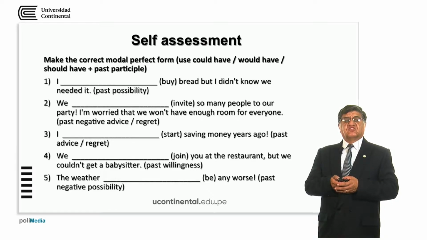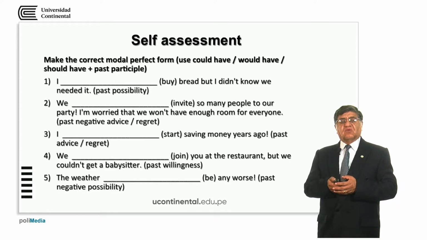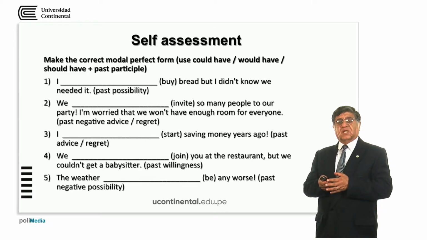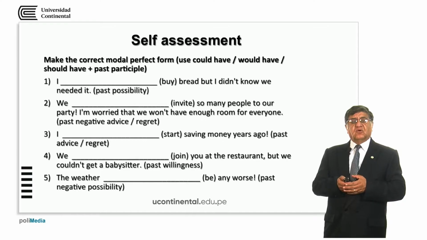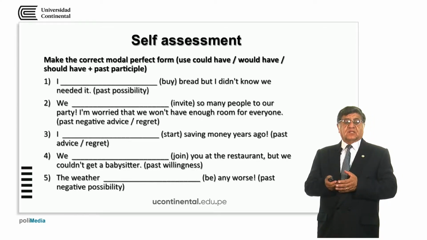In the next, we have join, and we need past willingness. And in the past, there was a possibility we wanted to happen, for example, no? And finally, in number 5 is the verb be, a negative possibility. The weather, a negative form of the modal and have and any words.